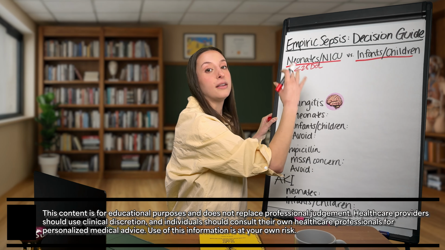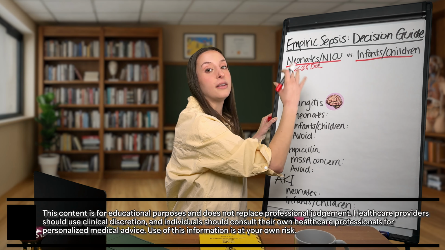So the next clinical scenario that you want to address is, what is my gram-positive empiric agent that I'm using? For the most part, that's going to be ampicillin. One of the common pitfalls I see with empiric antibiotic selection is that we're using ampicillin, but maybe we're concerned for MSSA. Ampicillin does not cover MSSA, but you can utilize your gram-negative empiric agent to include some MSSA empiric coverage.